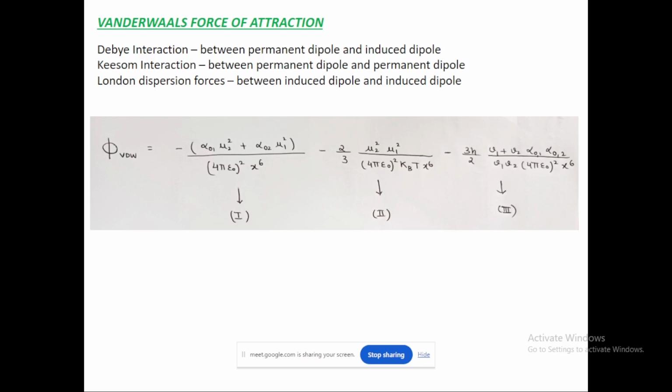Among the three, which particular interactions do these three represent? This was given in the course also.